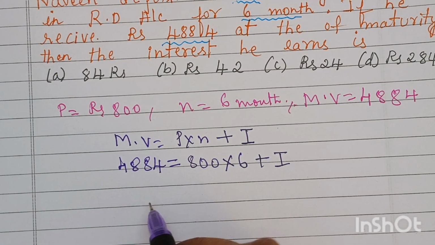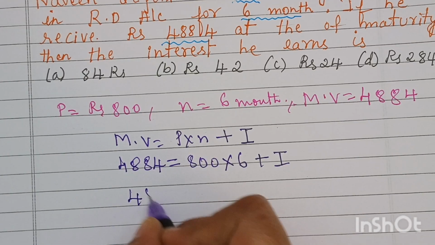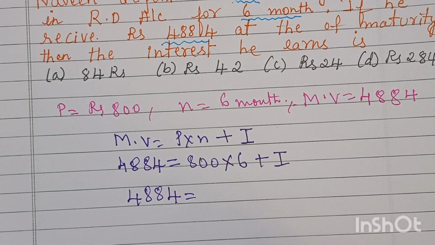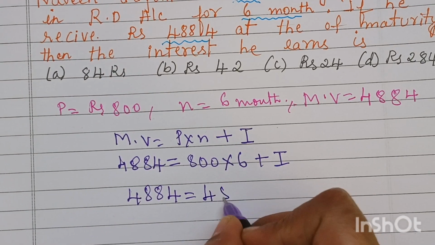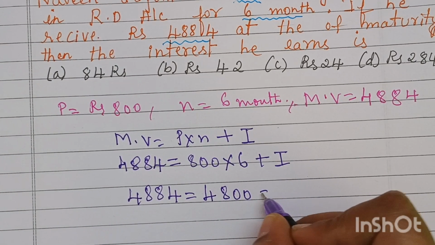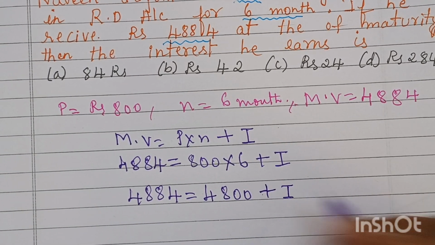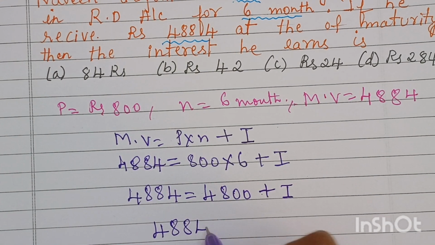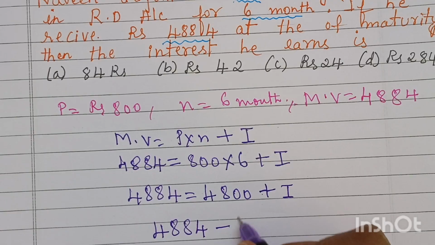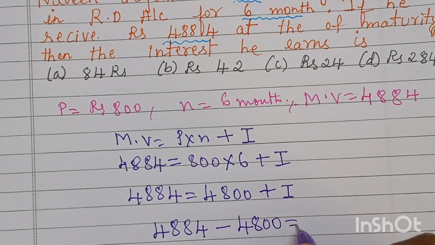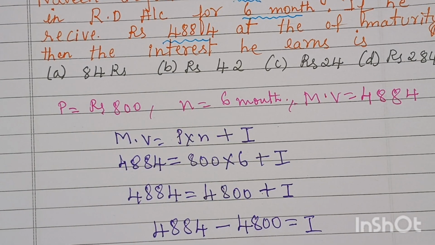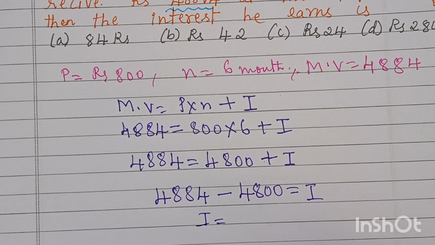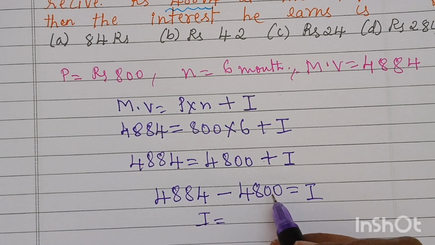Now 4884 equal 800 into 6, 8 sixes are 48, that is 4800, plus I. So we can write 4884 minus 4800 equal interest. So I equals 4884 minus 4800.